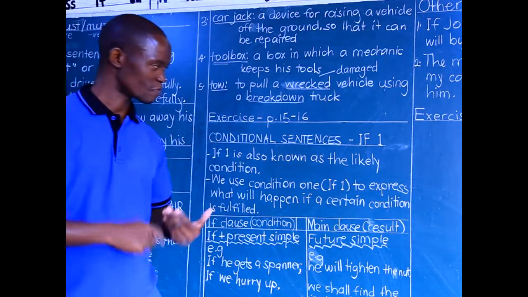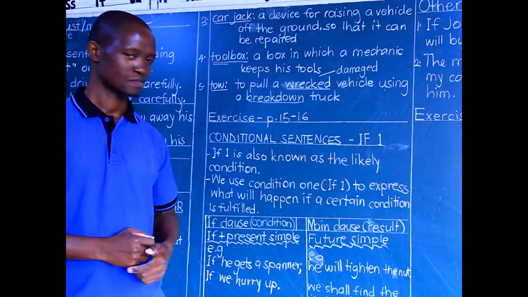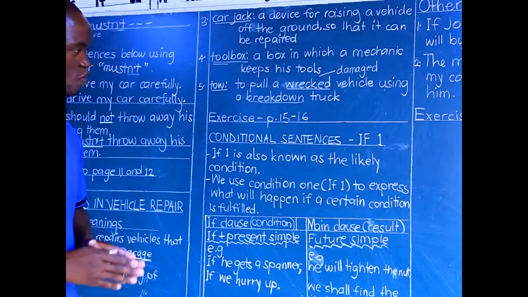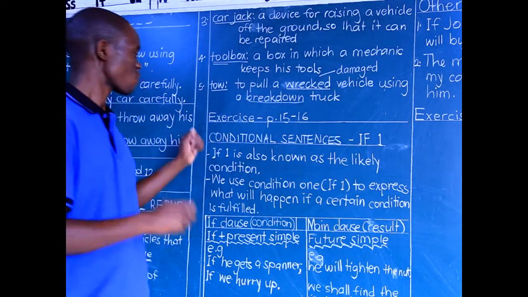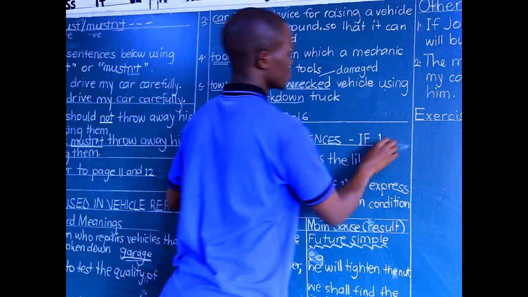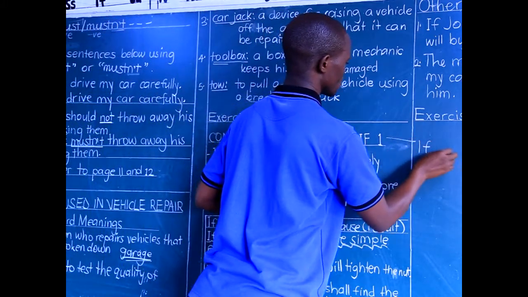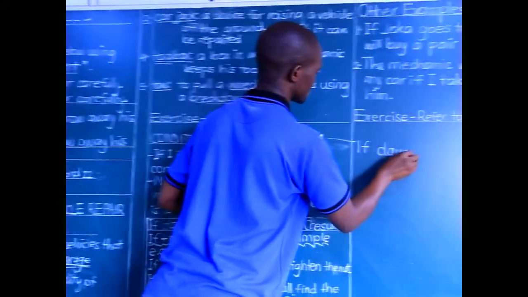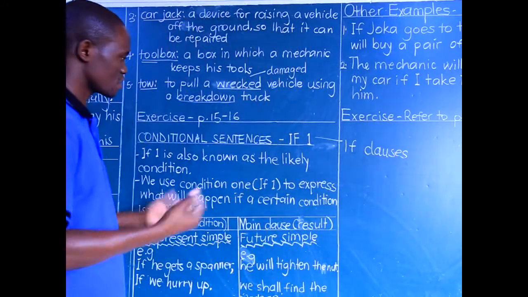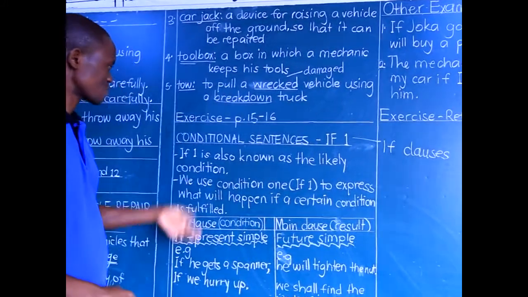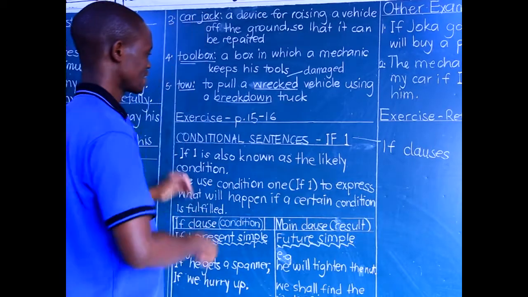At this level of P5 term 1, I'm going to talk about if 1. Conditional sentences are what some teachers call if clauses, and they are not wrong.